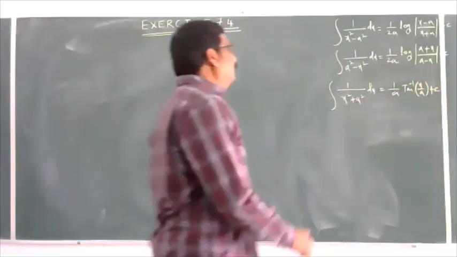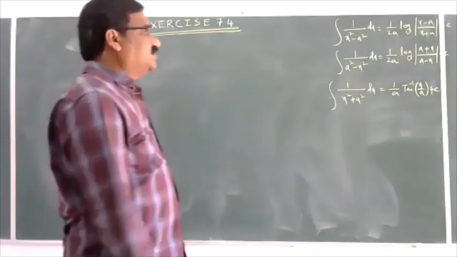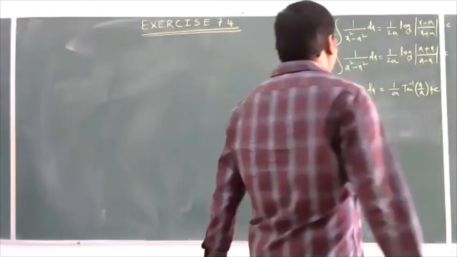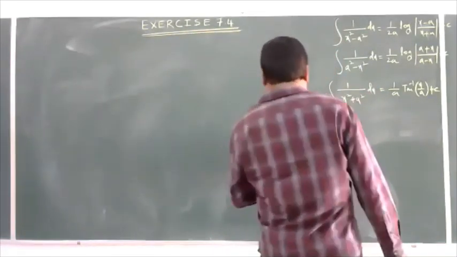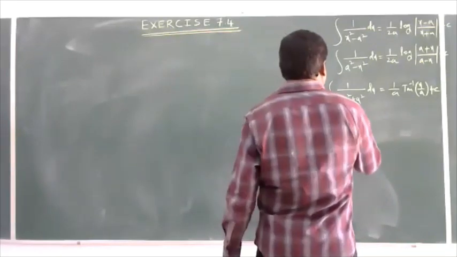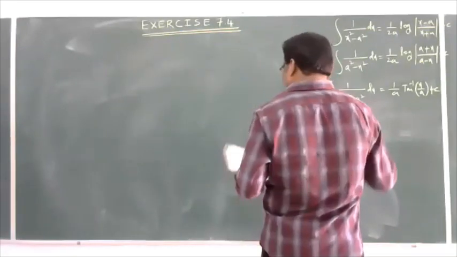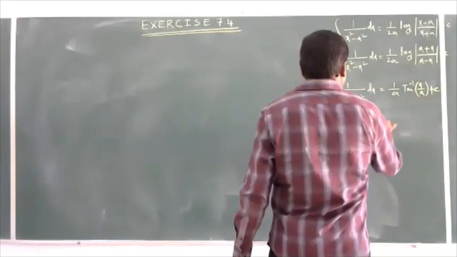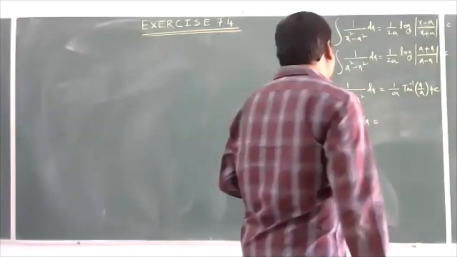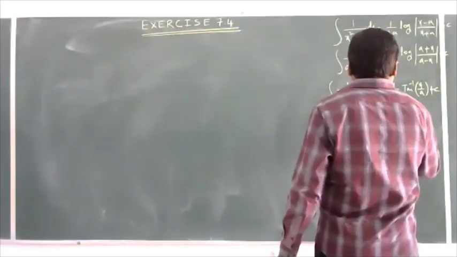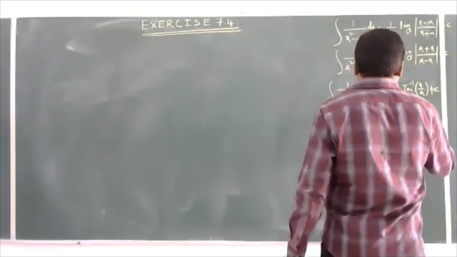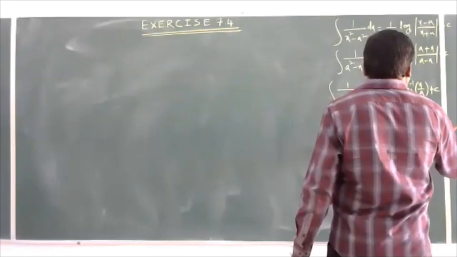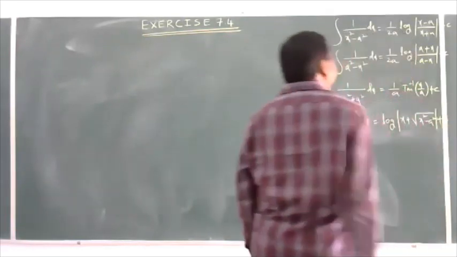Fourth formula, integral 1 by root of x square minus a square dx is equal to log mod x plus root of x square minus a square plus c.